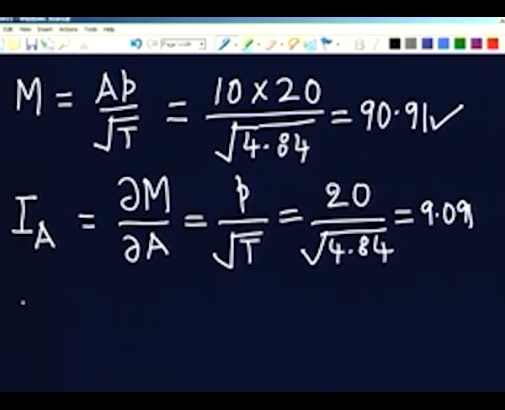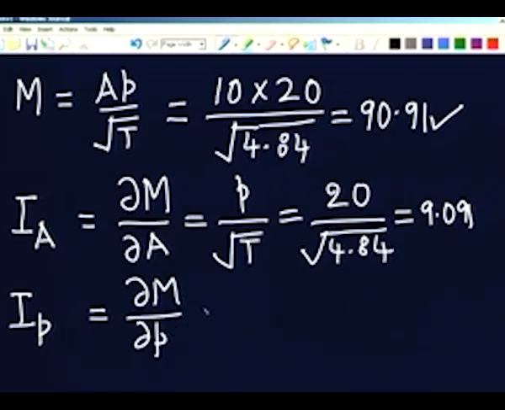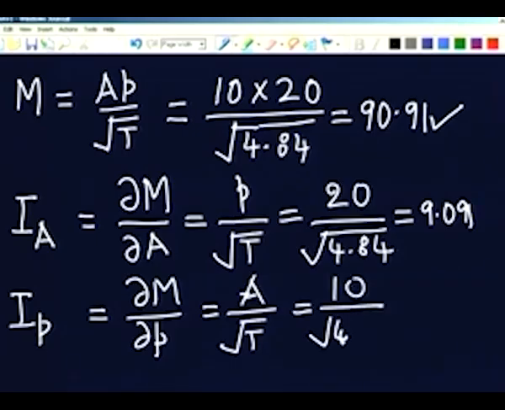Similarly, if I represent the influence coefficient due to P as IP, it will be dou M by dou P. When I am taking the partial derivative, all other things are kept constant. So this will be A by root T, 10 divided by square root of 4.84, and this is 4.545.